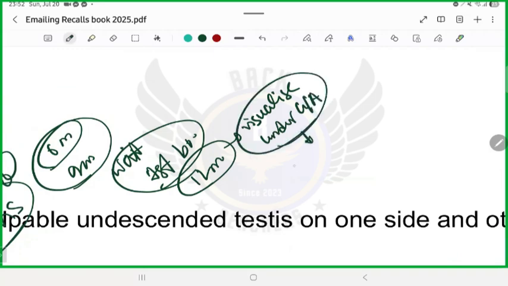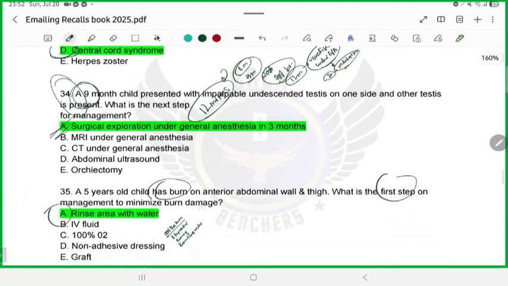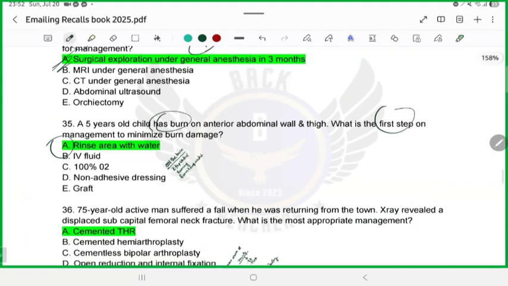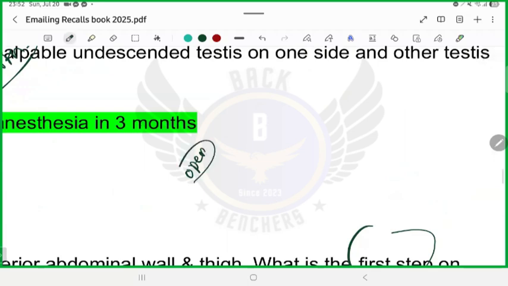And if you see the testis, you do the operation. You do orchidopexy. Surgical exploration under general anesthesia. Okay. And anytime there is an option of open versus laparoscopic, always choose laparoscopic. Just a general information about MRCS. Always choose laparoscopic.